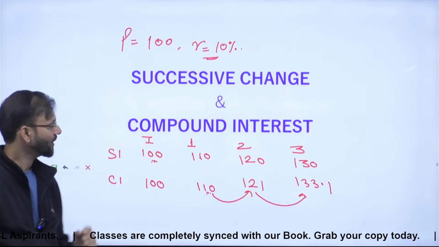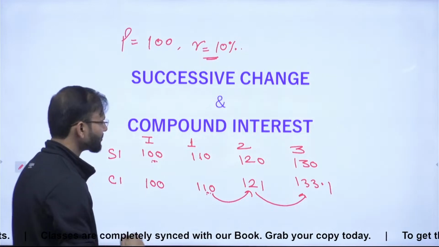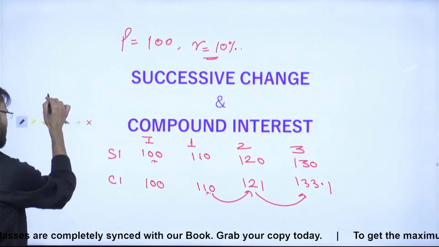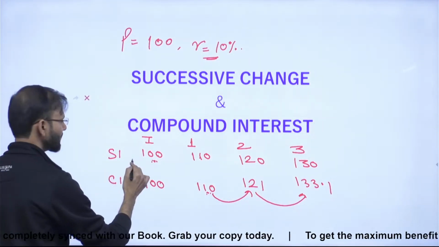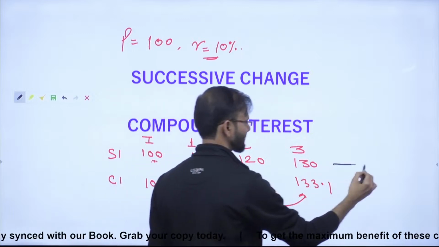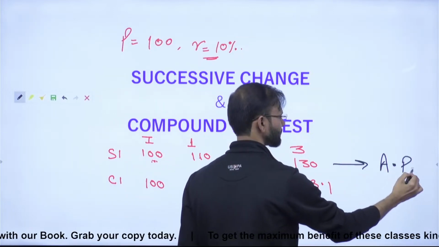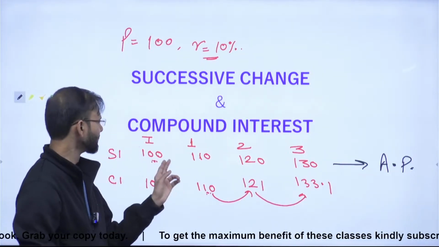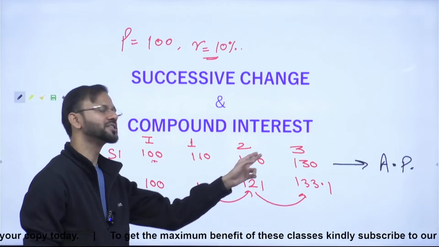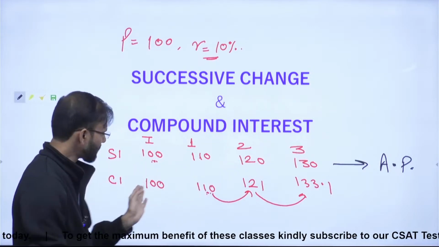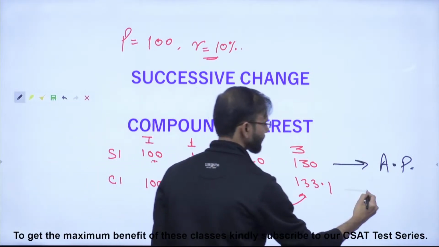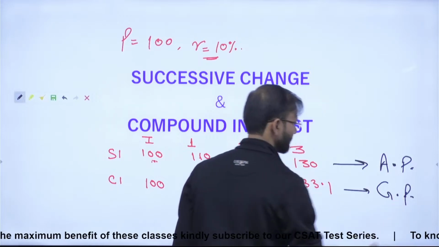And let me tell you, in simple interest, if you think about this series, it is an arithmetic progression actually. Yes or no? In arithmetic progression, the difference between two consecutive terms is always the same. And what about this series, guys? This series is a geometric progression. Why?